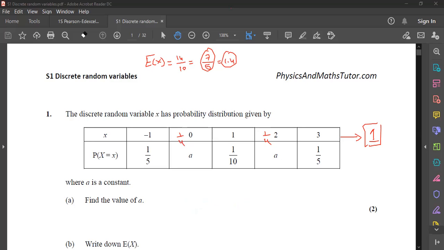So the variance of x is equal to, we square those x's, multiply by their probability. So negative 1 squared is 1 times 1 over 5, plus 0 already, plus 1 over 10, plus 2 squared is 4 times 1 over 4, that's 1, plus 3 squared is 9 times 1 over 5, that's 9 over 5.